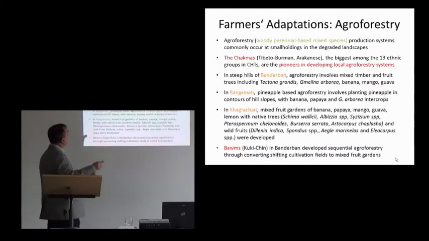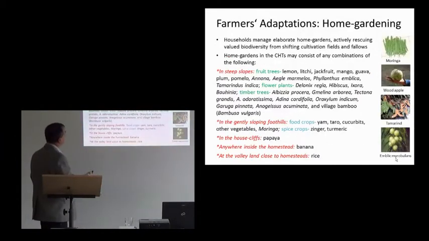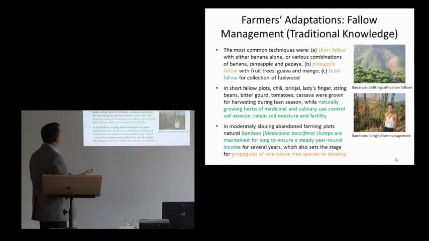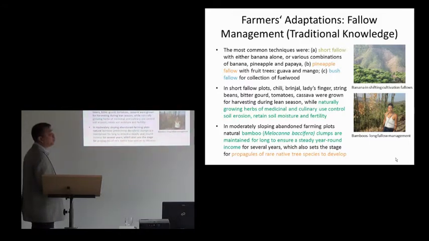And you can see here, these are the banana plantation. And these are the abandoned shifting cultivation plots. There, the farmers are growing banana. Pineapple fallow with fruit trees, and bush fallow for fuel collection.